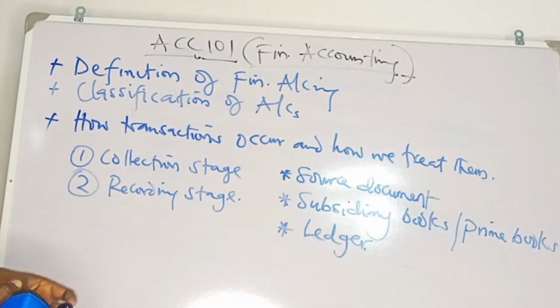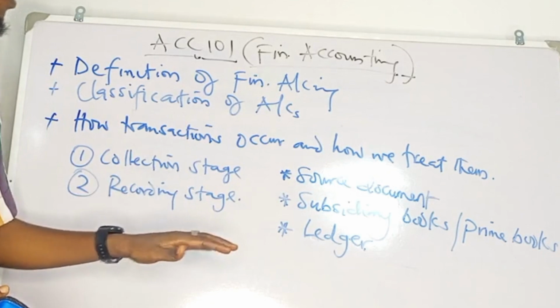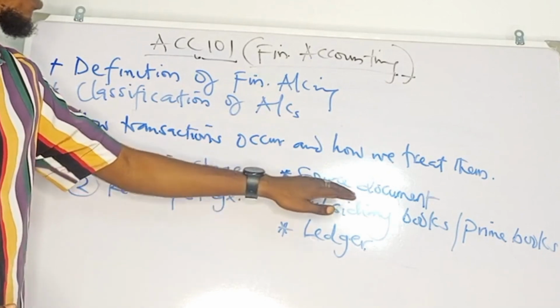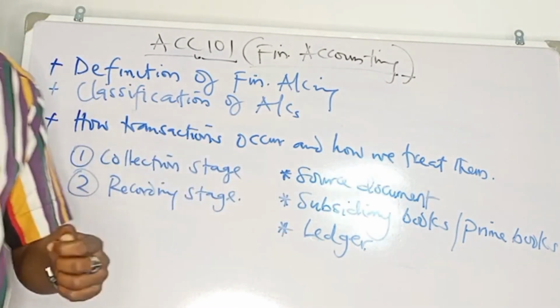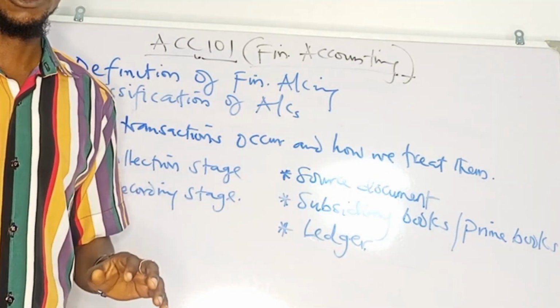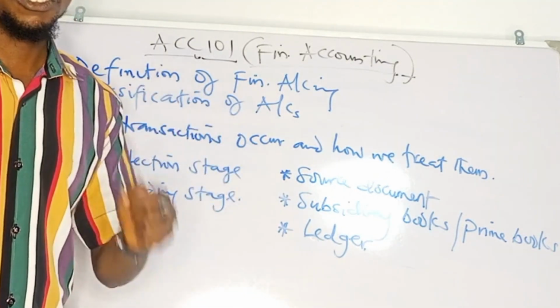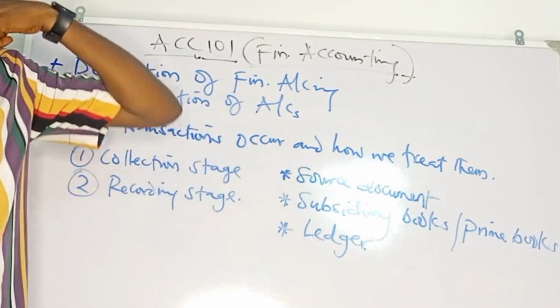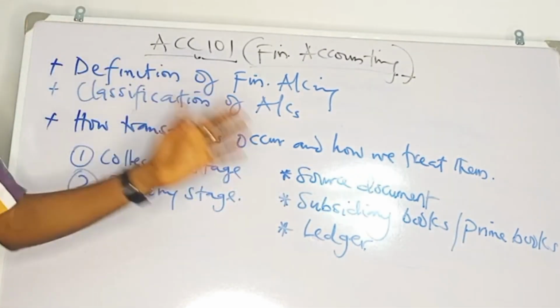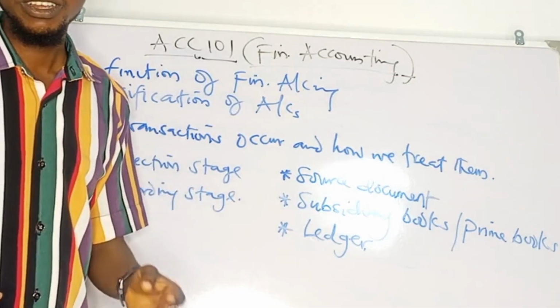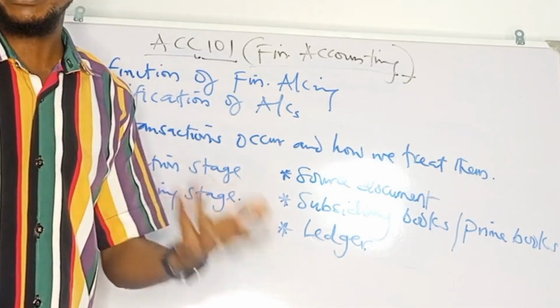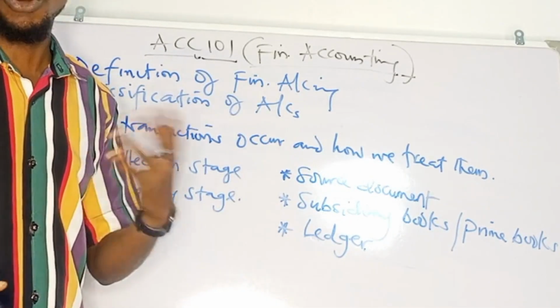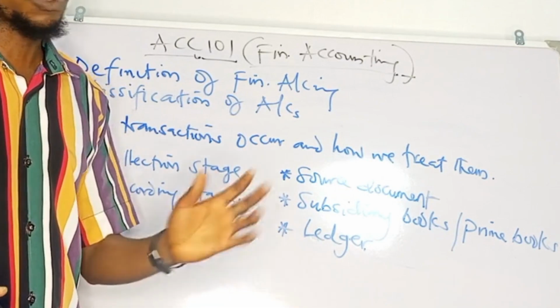Now, the source document accommodates the initial recording of any transaction. At the first stage of every transaction, it's entered in the source document. And what are the examples of this source document? We have the invoices, the receipts, the bank tellers, the vouchers, the bills and all that.